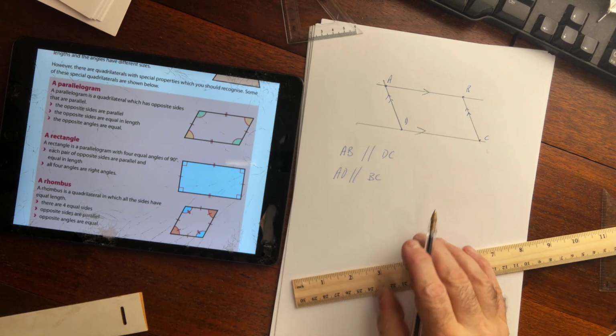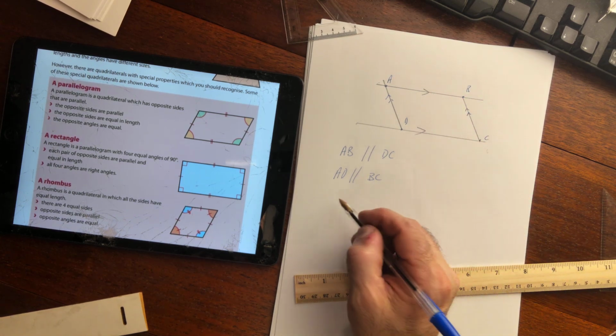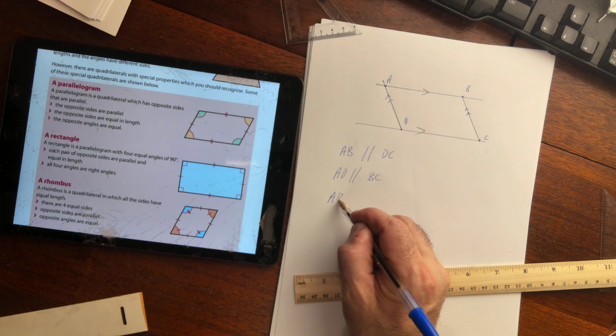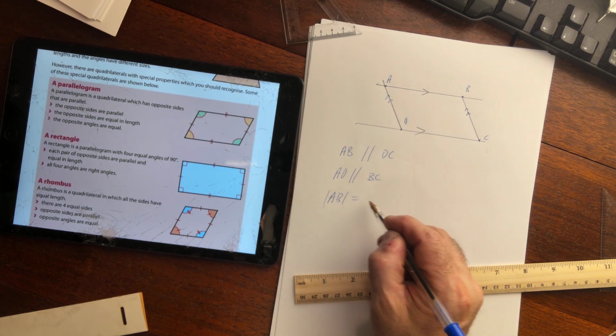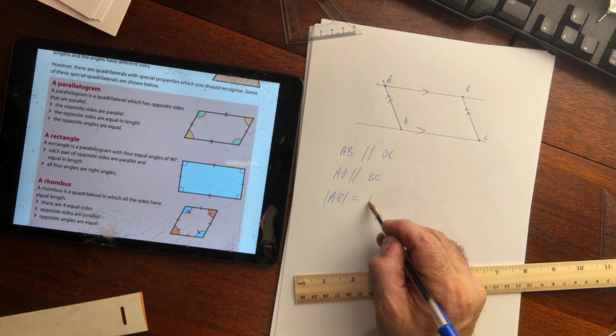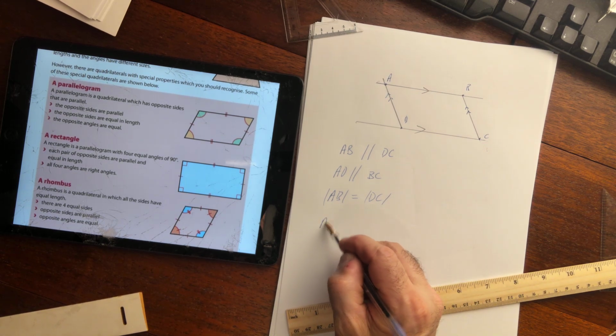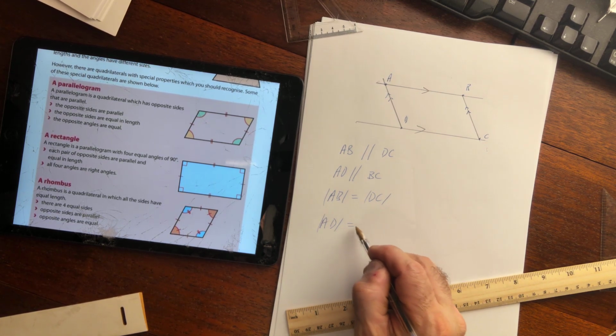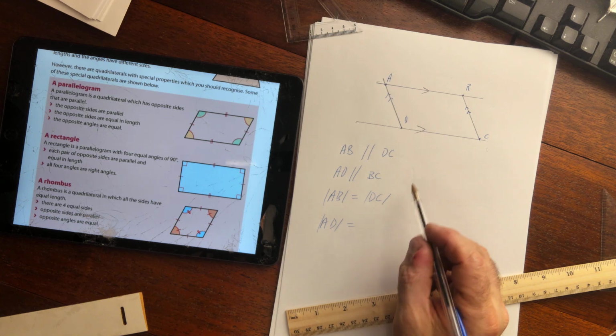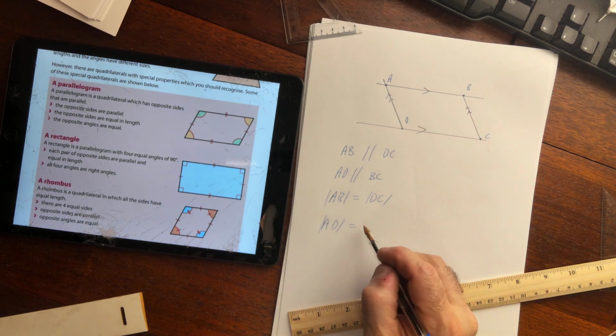Furthermore, opposite sides are equal in length, so the distance AB is equal to distance DC, and distance AD is equal to distance BC.